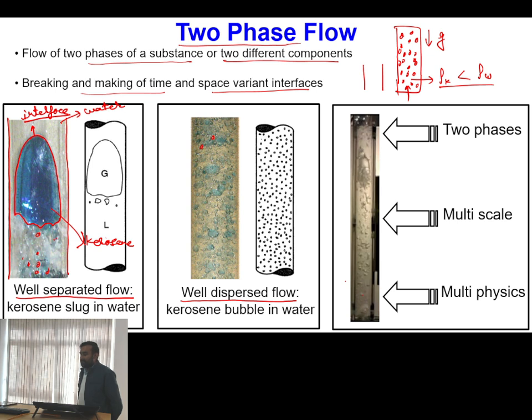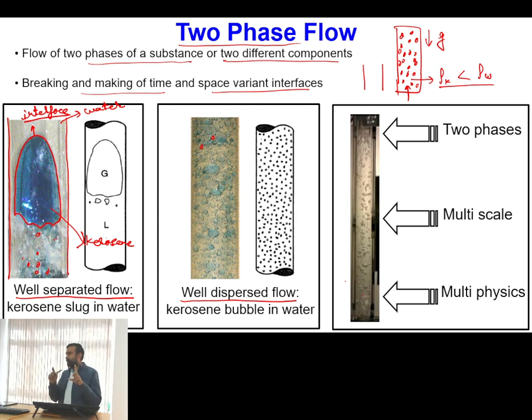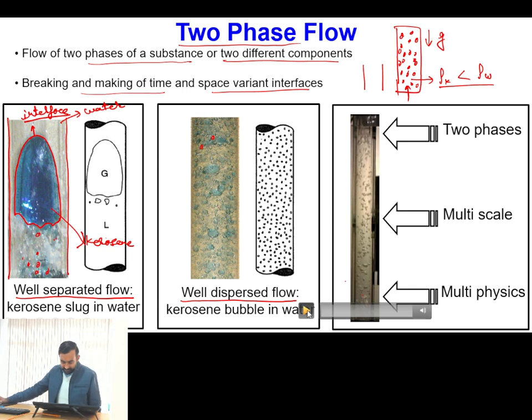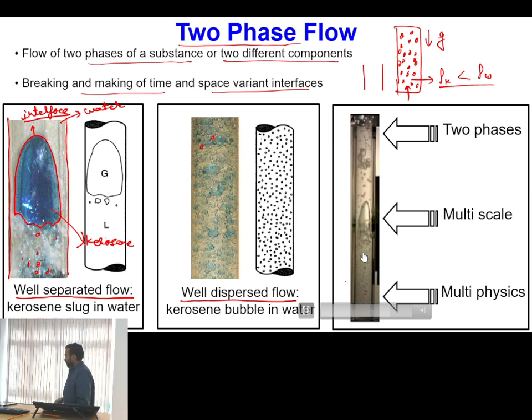So what is this? This is nothing but co-flow of air and water in a tube. There is a vertical tube, and from the bottom we are inserting both water and air together. You can find that water becomes the surrounding medium, and in this water a big chunk of air is coming, and behind this chunk of air there are a large number of small bubbles. After some time another chunk of air comes, and again in its wake there is formation of many small bubbles.